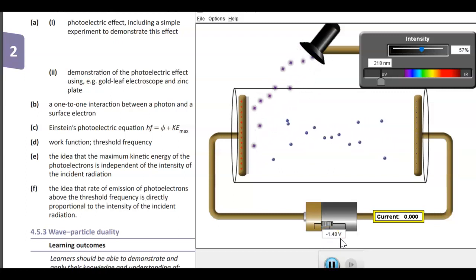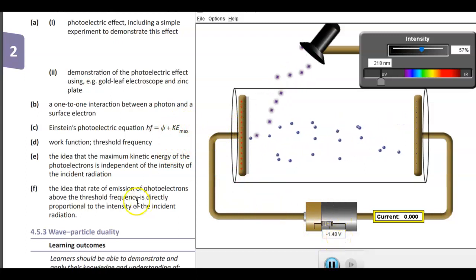And since we know that the wavelength is given, we can work out hf, the photon energy. The work function is phi, which is to do with the metal, and now KE max can be determined by knowing the voltage here.